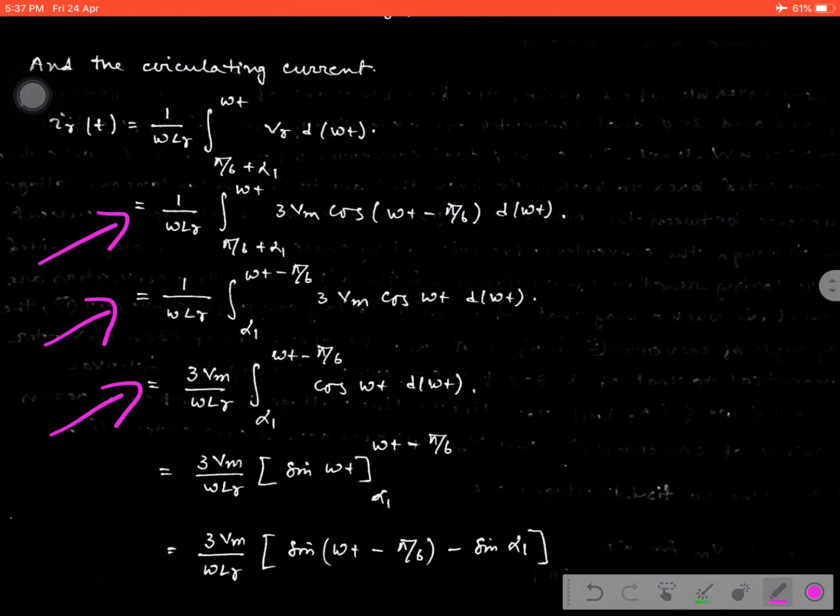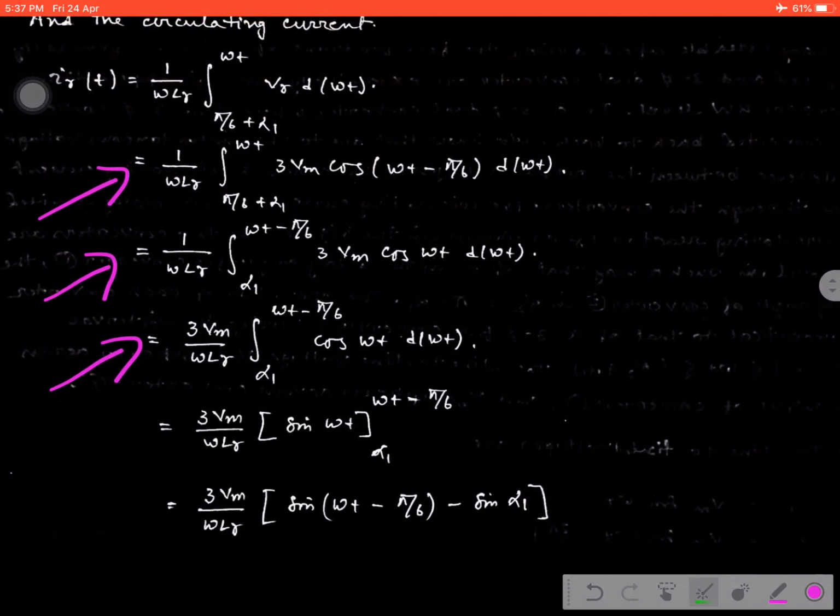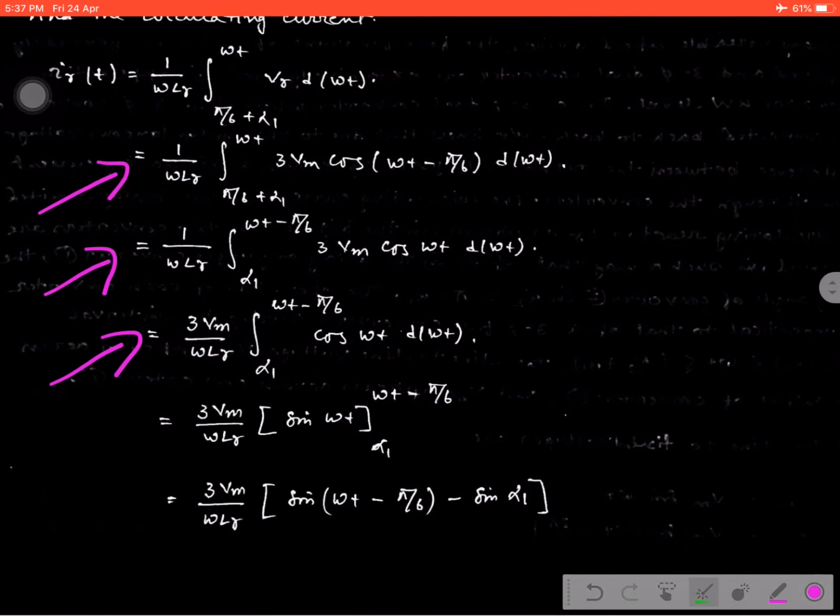Now we can calculate 3 Vm by omega LR times the integration from alpha 1 to omega t minus pi by 6 of cos, which will give you sin.